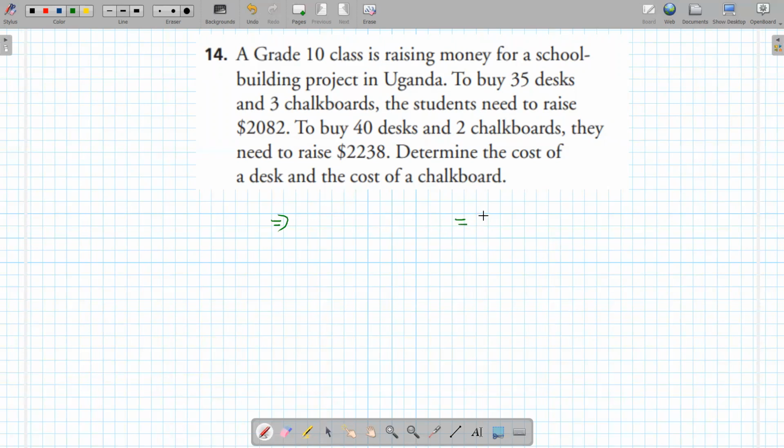They're trying to raise 2082 for the first case. They're going to buy 35 desks and 3 chalkboards. That's going to be the first equation: 35x plus 3y equals 2082. What is the second equation? 40x plus 2y equals 2238.